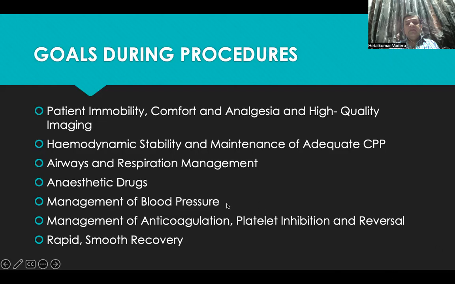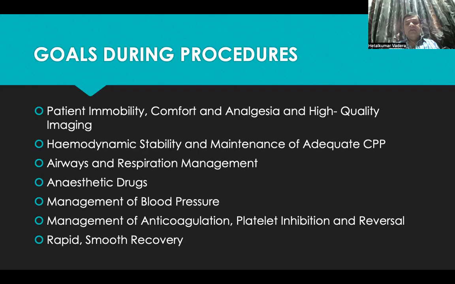Management of blood pressure, again, is important. You should manage the blood pressure intra-procedure. In an aneurysm patient, your goal should be to keep the blood pressure below 160 systolic, because high blood pressure may sometimes lead to aneurysm rupture.